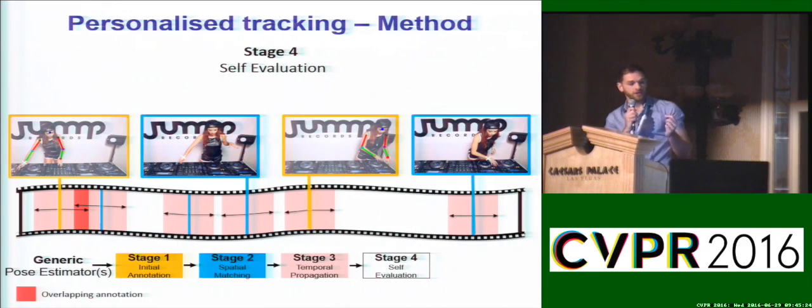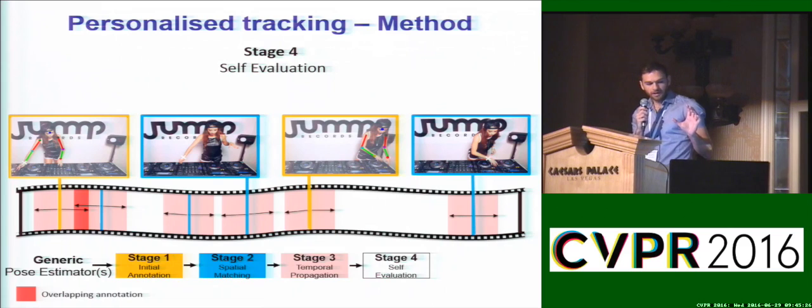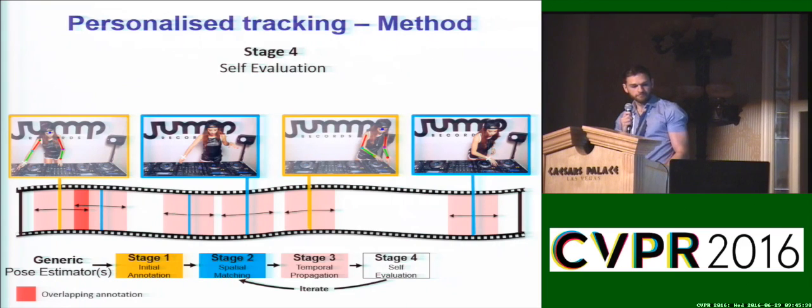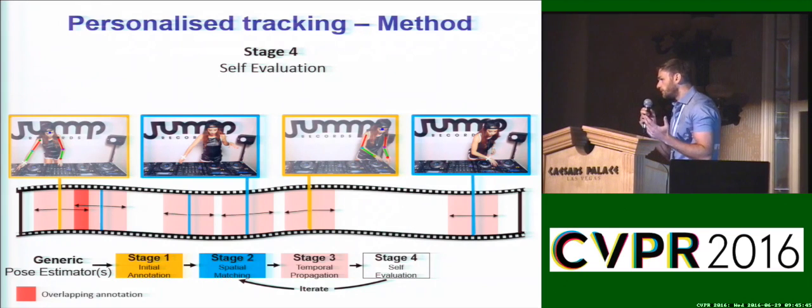The first looks at these overlapping annotation regions in the video, and this is where we have multiple annotations per frame, per body part, and we'll remove the annotation if there are temporal inconsistencies there. The second measure of evaluation is also an occlusion-aware puppet model, which I'll explain later.